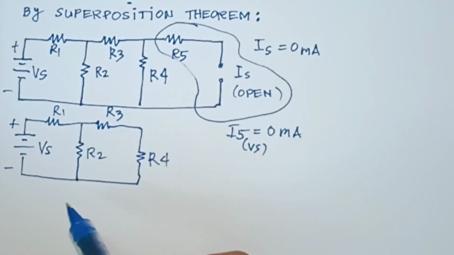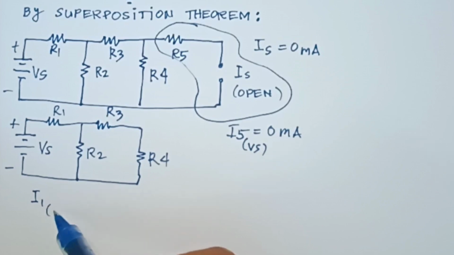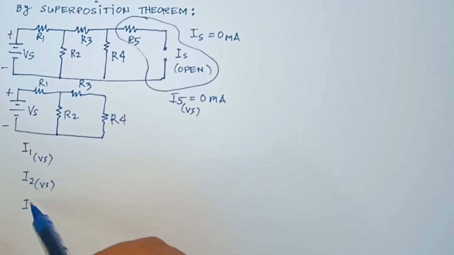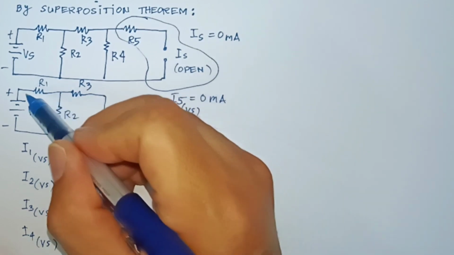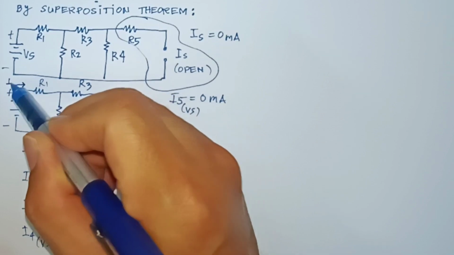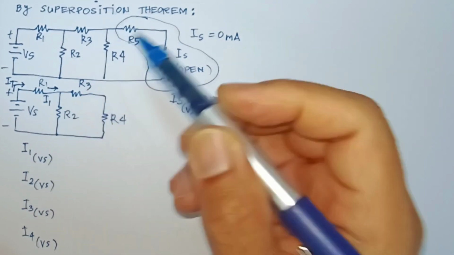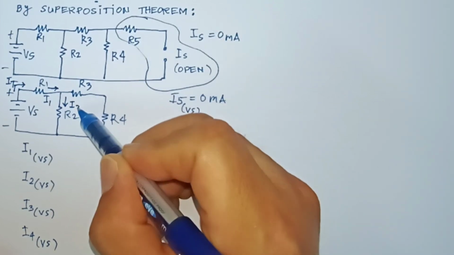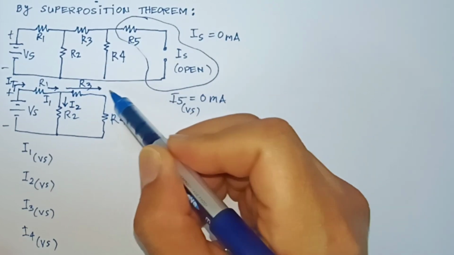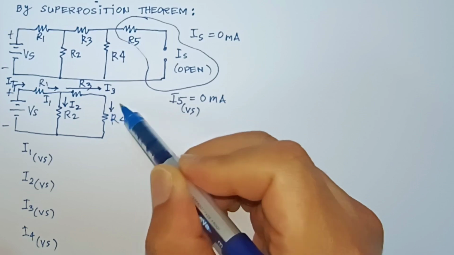Now, with the resulting circuit, we will be calculating the currents I1, I2, I3, and I4 with respect to Vs. This is I total, and that would be equal to I1 also, and going down is I2, to the right is I3, and going down is I4.